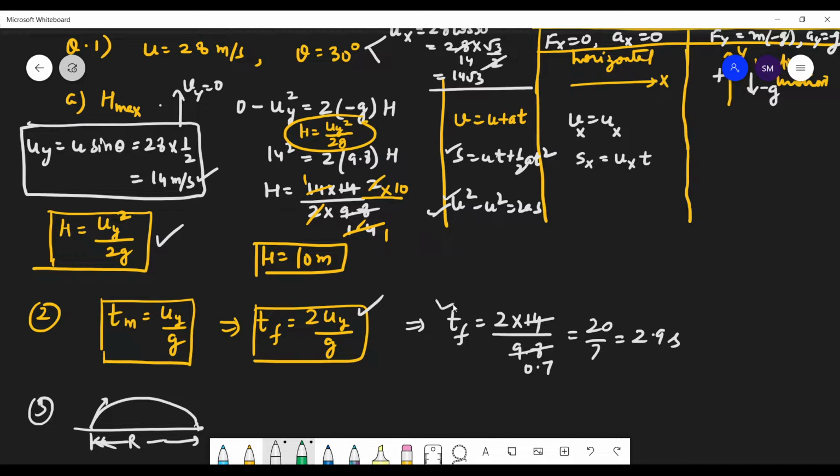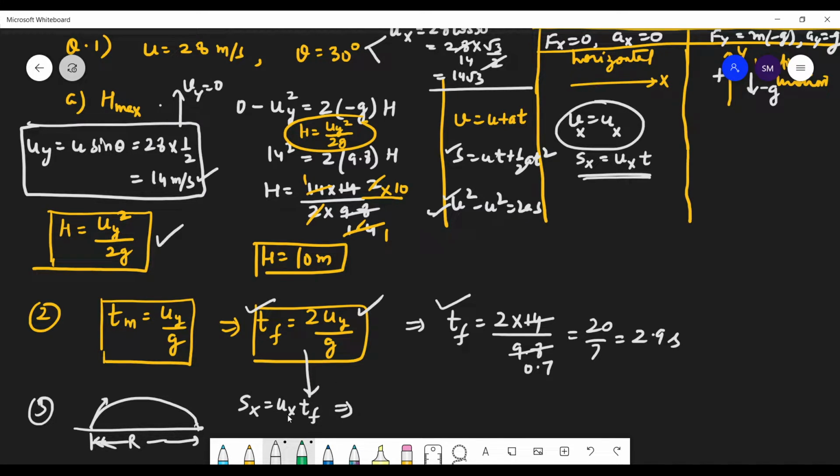We also know the time of the flight, that's the formula for the time of the flight. So acceleration is 0, so Vx is equal to Ux. So what will be the distance? Sx is equal to Ut. So Sx is equal to Ux into T, the time of the flight.